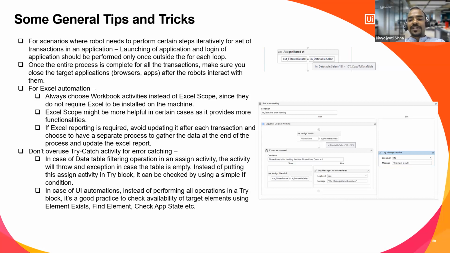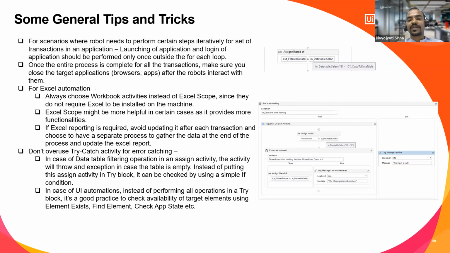And also it is recommended to minimize the use of try catch as much as possible unless it is required. Let's say, for example, you are reading a particular data table. In the screenshot over here, you can see one particular example. You are performing a select operation on a data table. Tomorrow, if it happens that this data table is empty, this assign activity will fail.